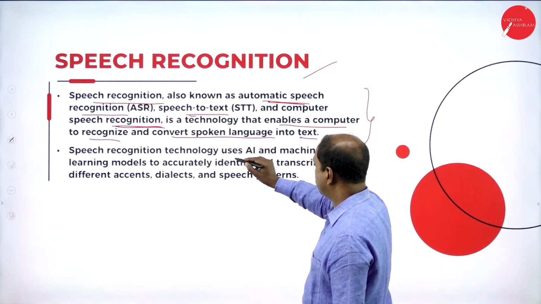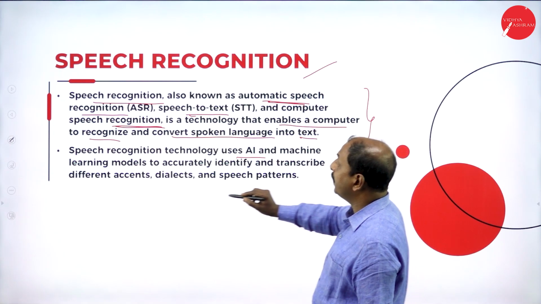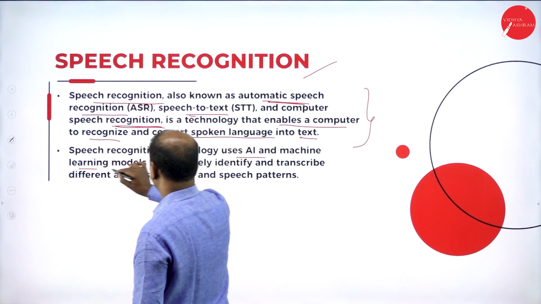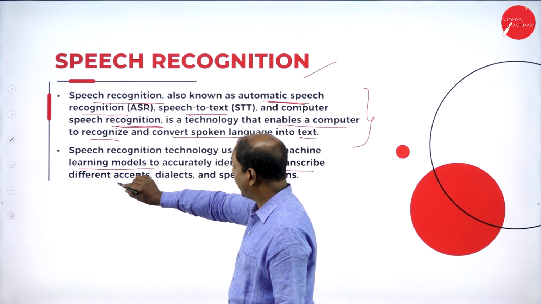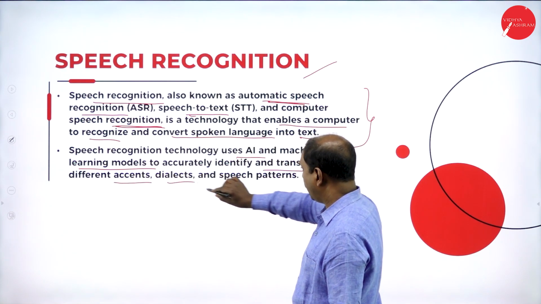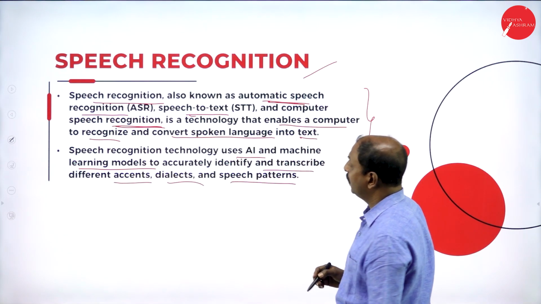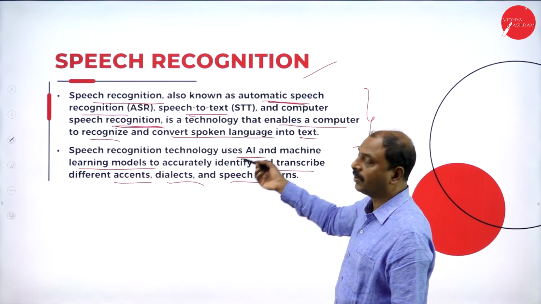It uses AI system and machine learning models to accurately identify and transcribe different accents, dialects and speech patterns. So here again it is a part of the AI system.